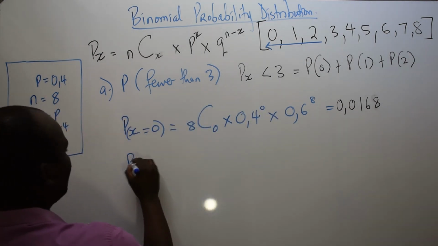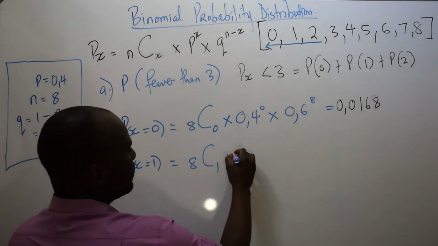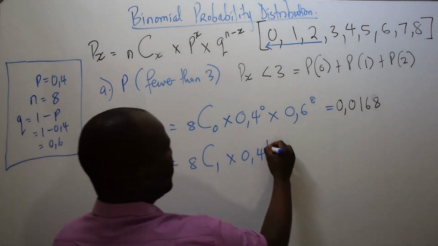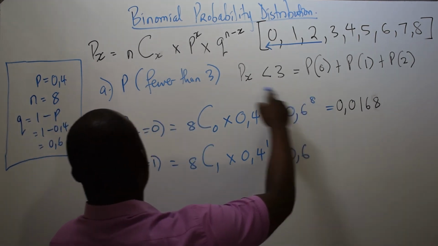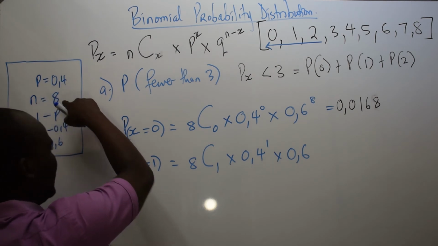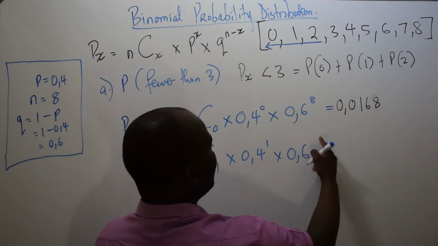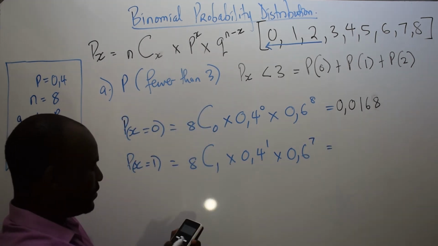The next calculation is P(x) equals 1. This is 8C1 multiplied by 0.4 to the power of 1, multiplied by 0.6 to the power of, we had n equal to 8, but now when you're looking for the probability of a 1, this becomes 8 minus 1, so the power is 7.